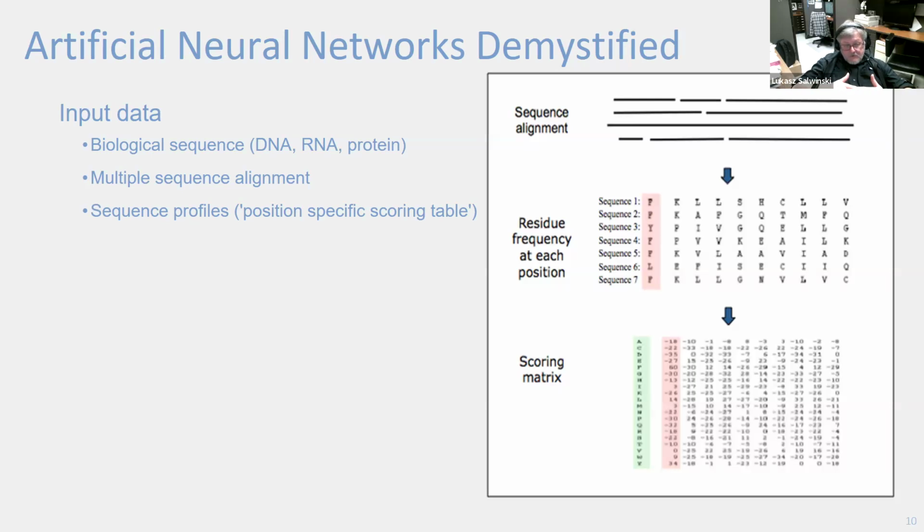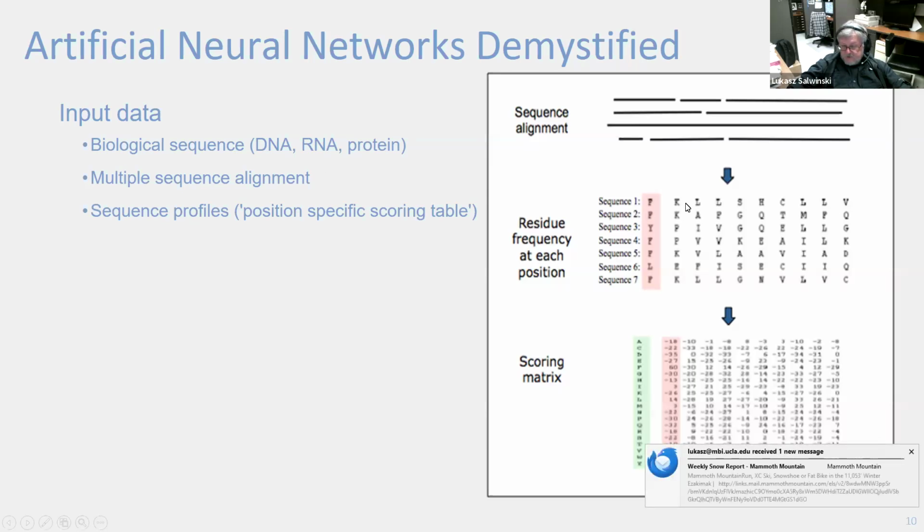And we can either use the entire full version of the sequence alignment, so we can feed the network not with a single sequence, but with an entire array of sequences. Each one might have a different residue at the same position.